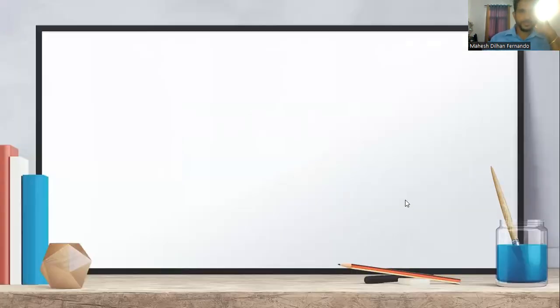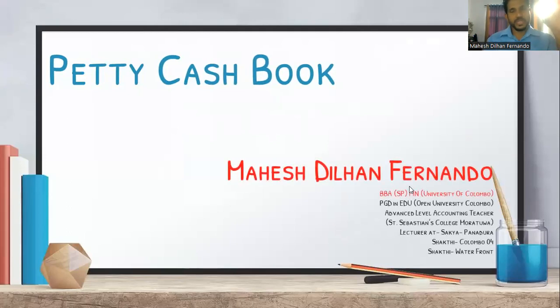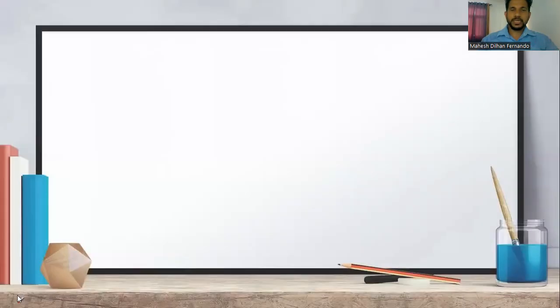It is the petty cash book. This is a part of the seventh competency. Now I'm going to give you a list of payments.